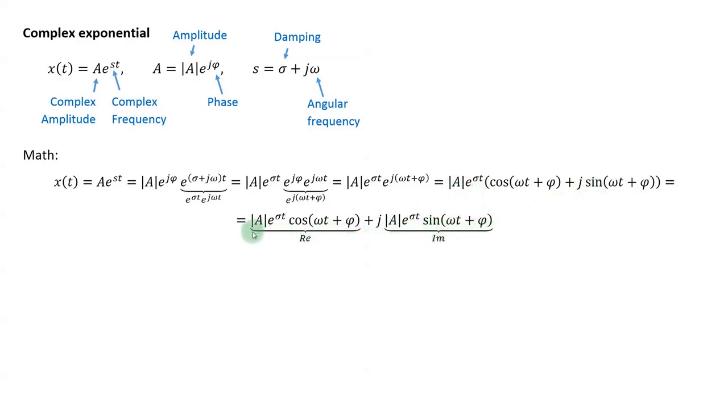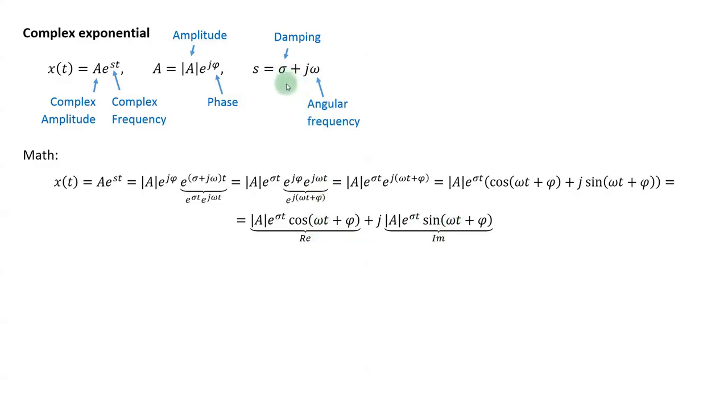And here you can see that the real part of this complex number is a damped cosine, and the imaginary part of this complex number is a damped sine. And this omega will determine the angular frequency of this cosine and this sine.